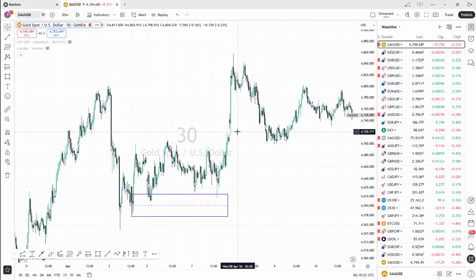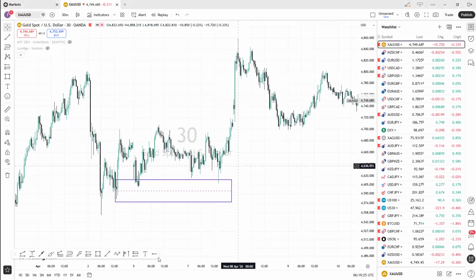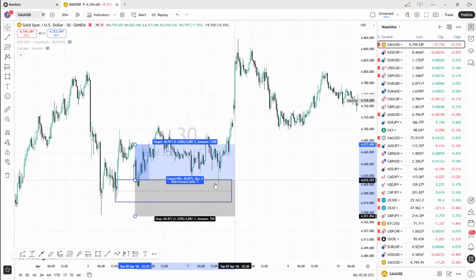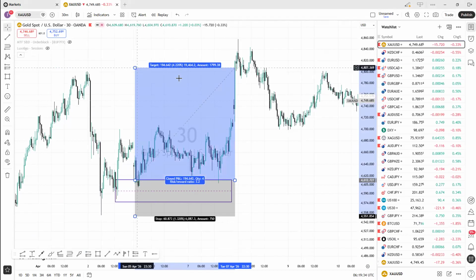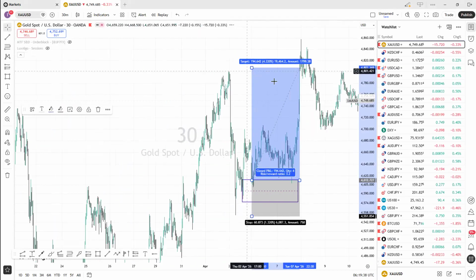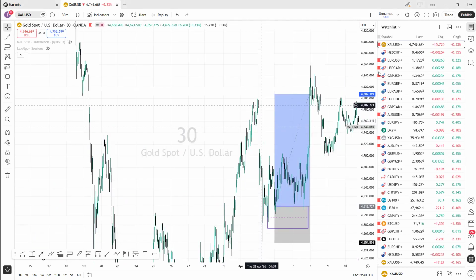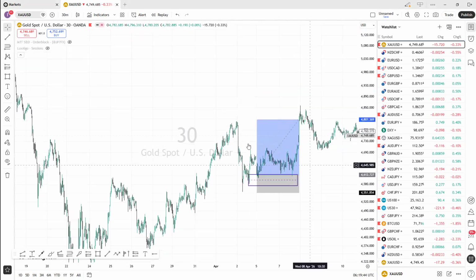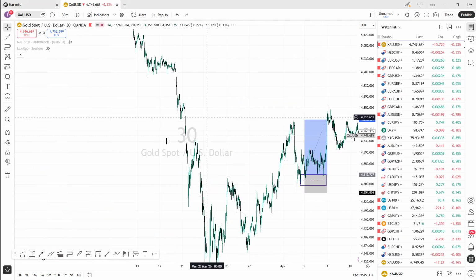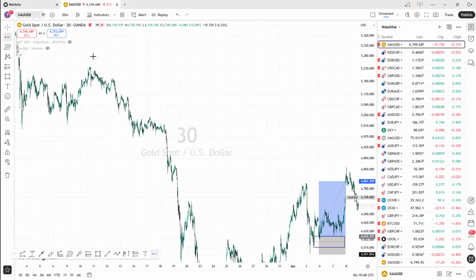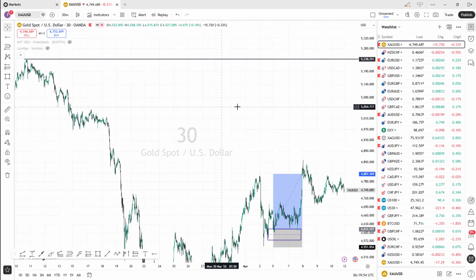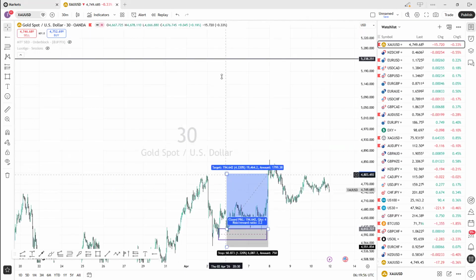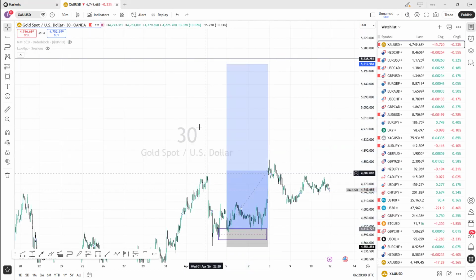Last week we took a long position from that 30-minute demand, took a buy from that area, and our target was around that high, but our final TP is around that area for long term. Okay, so the bias is bullish.